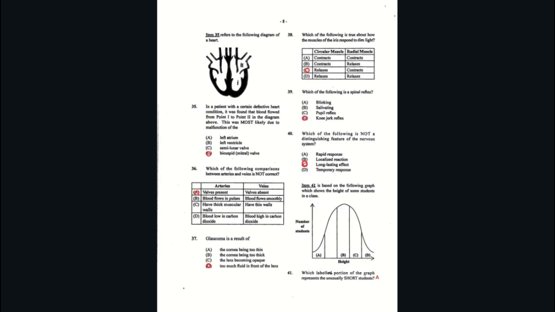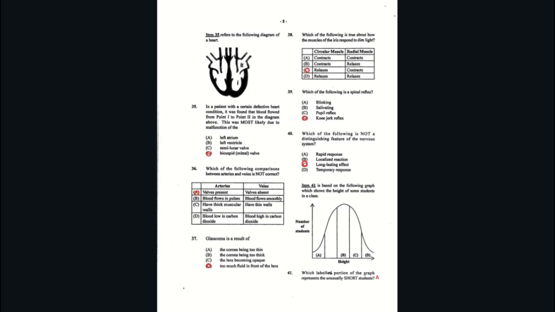And temporary response, because when a neuron fires, it doesn't just stay in your body permanently. The sensory neurons come in, then the spinal cord, central nervous system, and brain, and then the motor neurons make a response. That's a very fast process, right? It's not a long lasting effect, it's very much temporary.